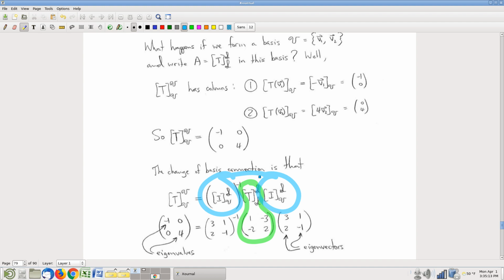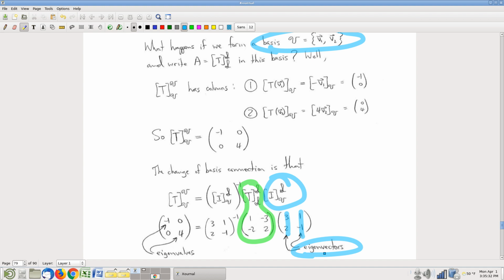This is a flashback to 5.3. We didn't use the word conjugation at the time, but this is how that change of basis goes. This matrix, the change of basis from V to S, its columns are just the new basis. That basis, of course, consisted entirely of eigenvectors.